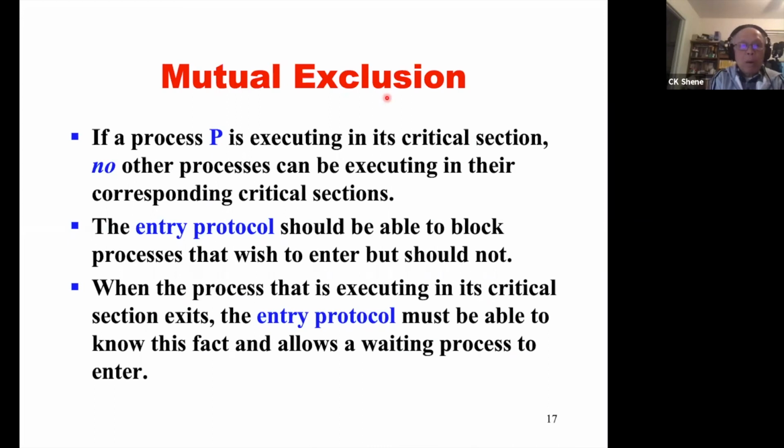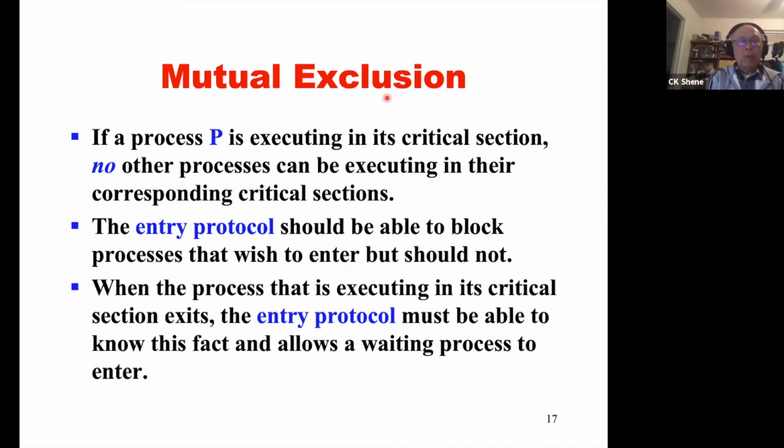What does that mean by the corresponding critical section? If you have a shared variable count, you circled it out, making it a critical section. Then all processes in which you use the variable count belong to the critical section associated with variable count.